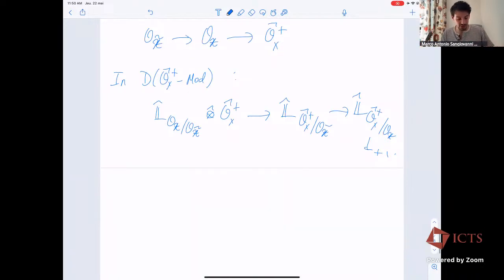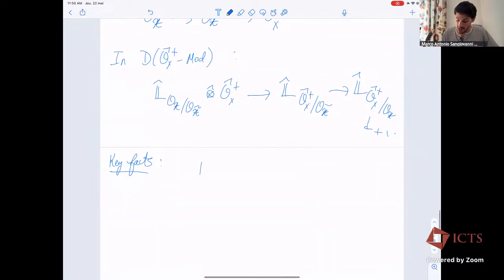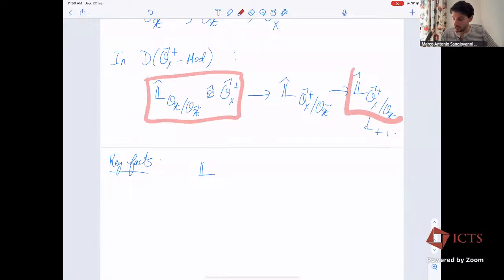So I have this exact triangle, and now there are key computations which basically reformulate results of Fontaine, classical results. The key facts and formal properties of the cotangent complexes are that you can compute the left-hand side, but also the right-hand side. And the middle will be an extension of the left side and the right-hand side, and it will be Faltings' extension.